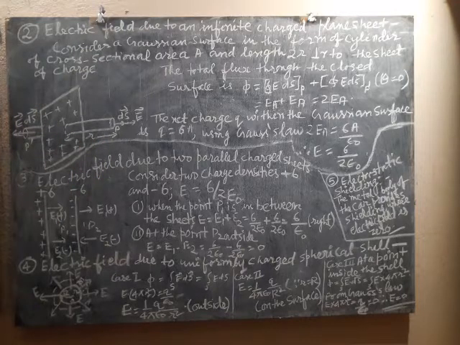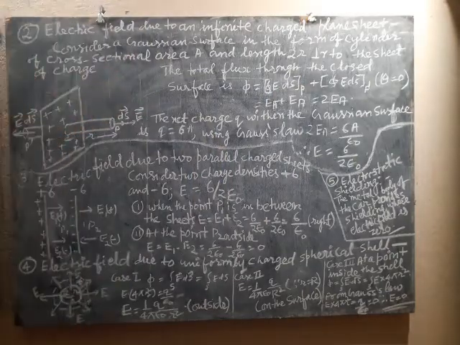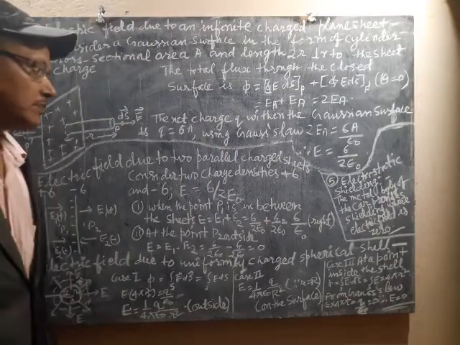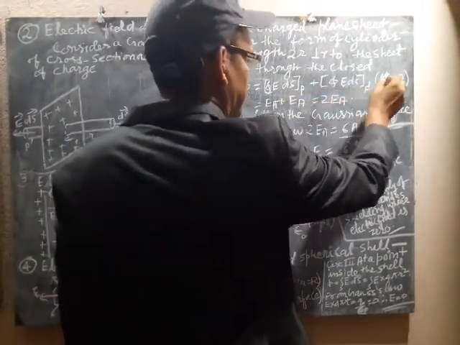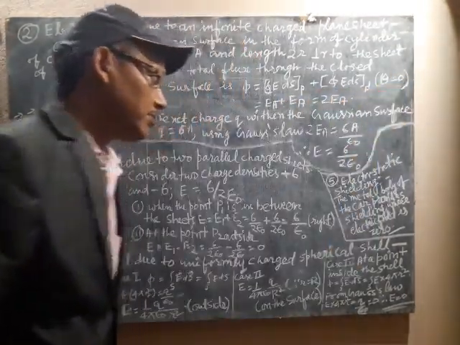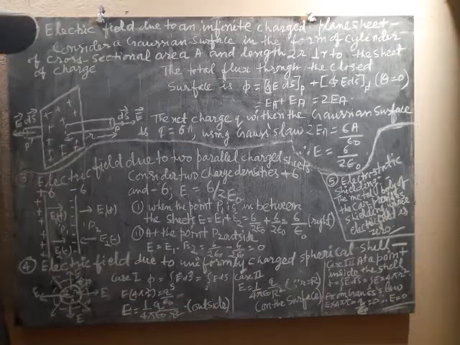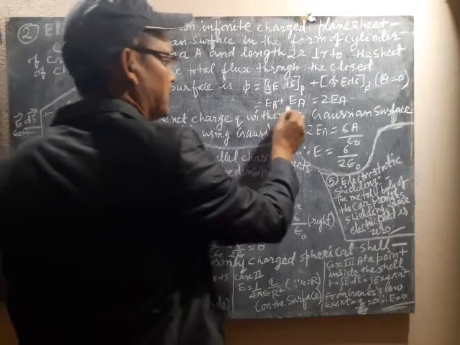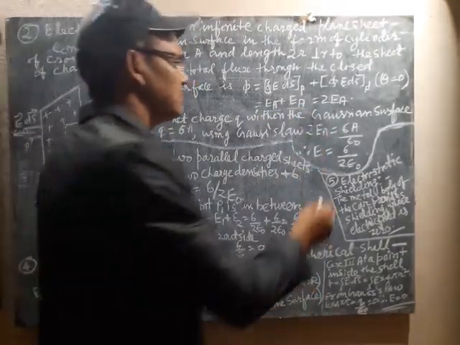The total flux through the closed surface is phi, equal to integral E ds at P plus integral E ds at P dash. Theta is equal to 0 in both cases. Then finally you get EA plus EA, that is 2EA.